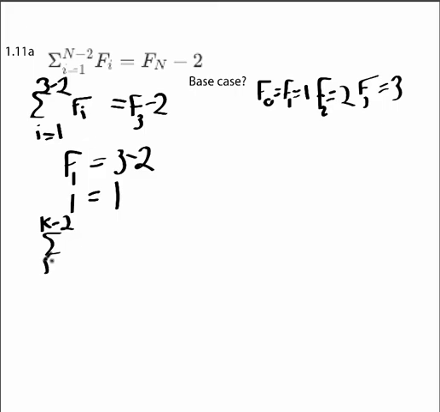And down here we'll still have our i equals 1, of f of i. And this whole thing, this is our inductive hypothesis. We say that's going to be equal to f, and again, every place you see an n, we're replacing with k. f of k, whole thing minus 2.